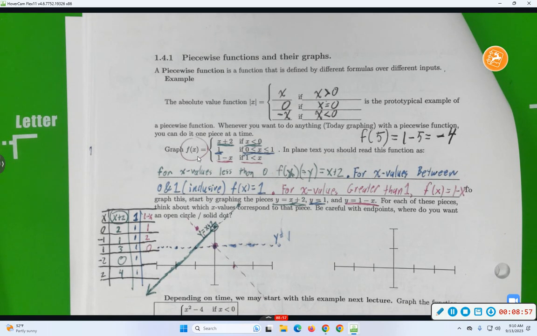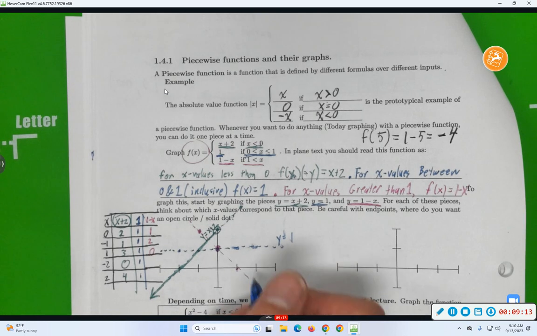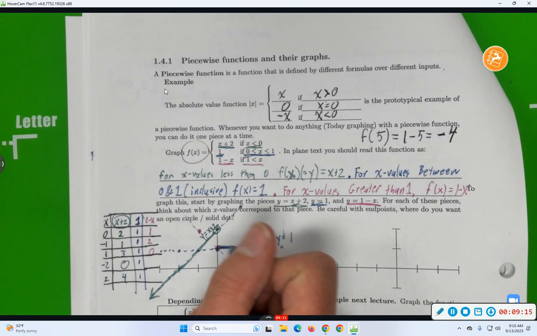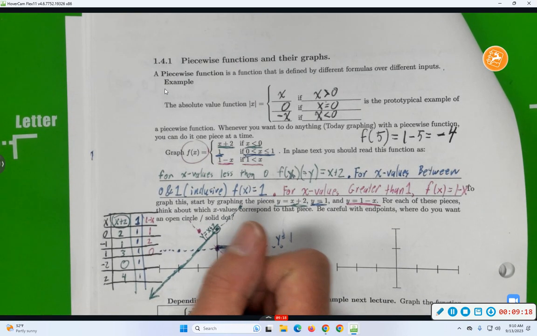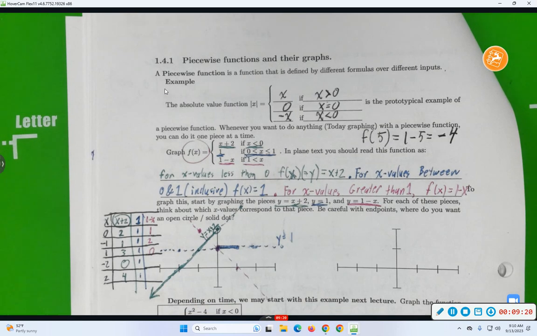Where do I care about the blue function? Between 0 and 1. So let's highlight that. I need the blue function, but only for x values between 0 and 1. Now let's think about endpoints.